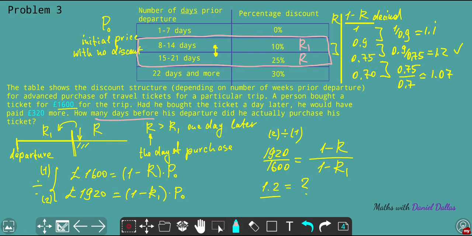Because it turns out that he bought 15 days before, while plus 1 day later means 14 days. So he would pay those 320 more. That means rate 1 was 14 days. So the actual answer was 15 days before.